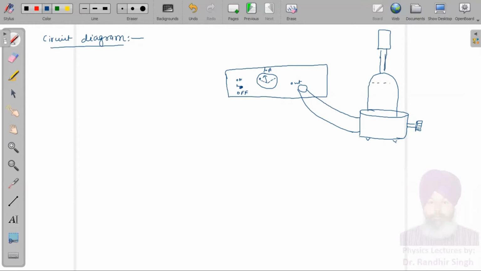This liquid cell will be filled with water, and this is screw gauge, and this screw gauge is attached to the piston, and this piston can move up or it can move down. This is connecting lead.